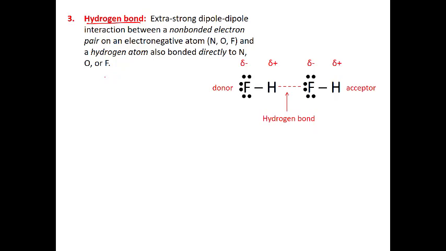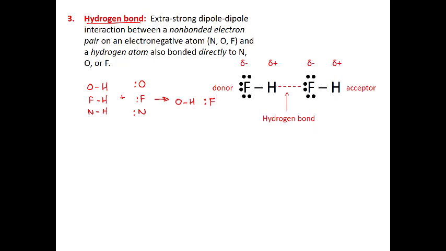For a hydrogen bond, you need to have one of these. You need to have an OH, an FH, or an NH. And you need to have a lone pair on one of those same elements. And what you end up with is a situation that looks something like this.